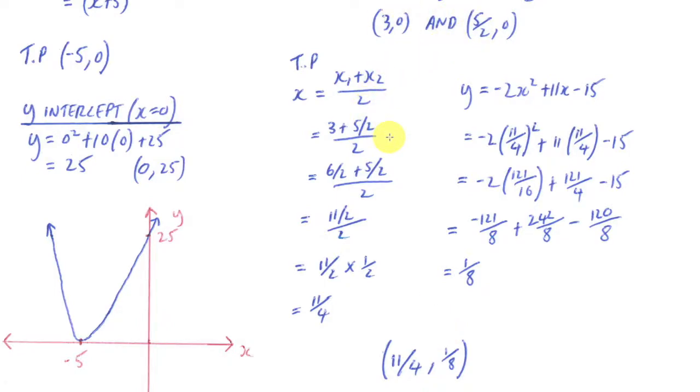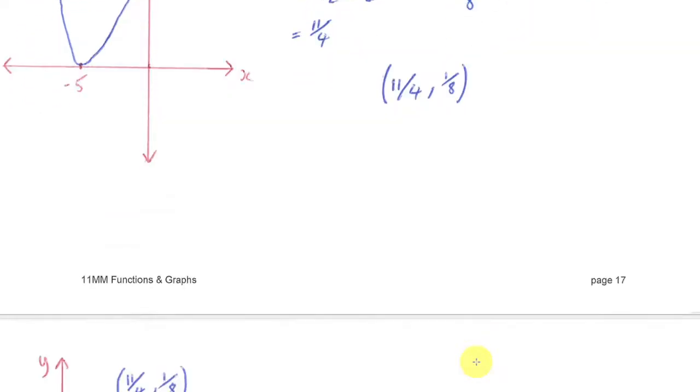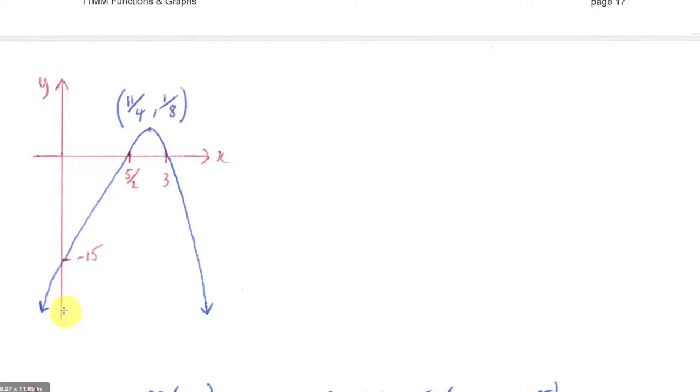So I established that the turning point occurs at 11 on 4. The y value for that, I just need to sub 11 on 4 into the original, which I do here, to get 1/8. And here's my graph of that.